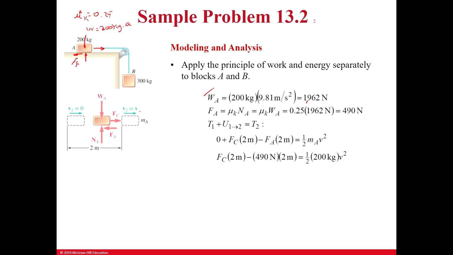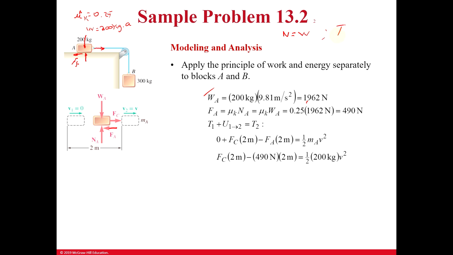Now, the force of friction because of A is the normal force times the coefficient of friction. In this case the plane is not inclined, so we don't have cosine or sine or anything. It's just the same vertical force, so the normal force is the same as the weight.